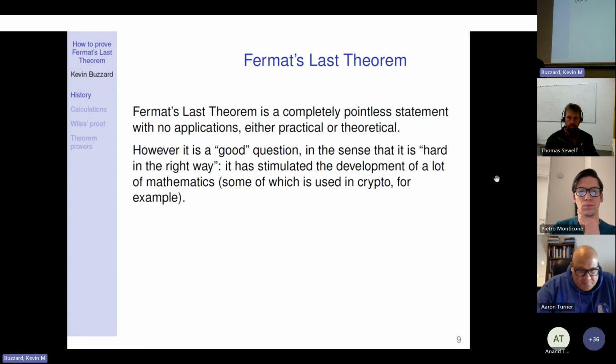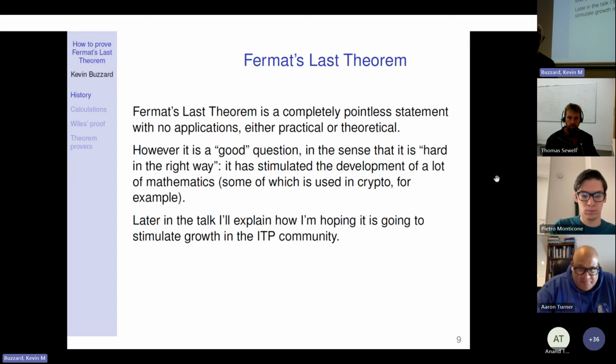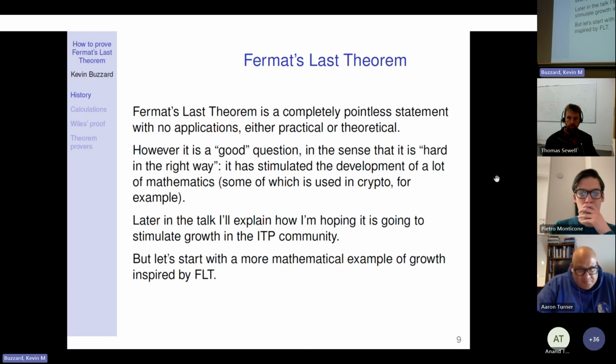So it's driven a lot of mathematics. I'm going to give a basic example of something that was driven by it. I'll talk about how I hope to stimulate growth in the ITP community, but before that, let me explain some growth in the mathematical community that came from Fermat's Last Theorem.